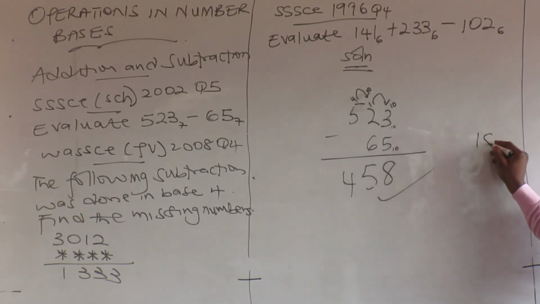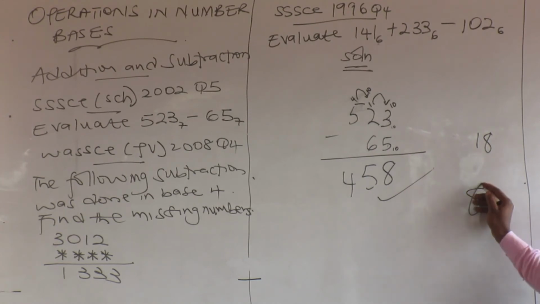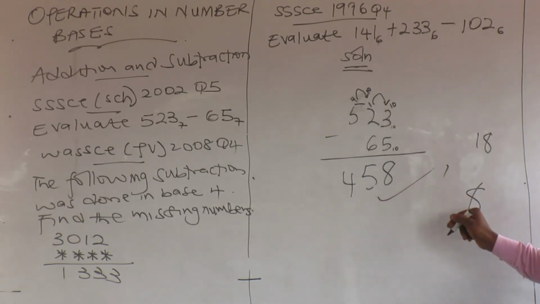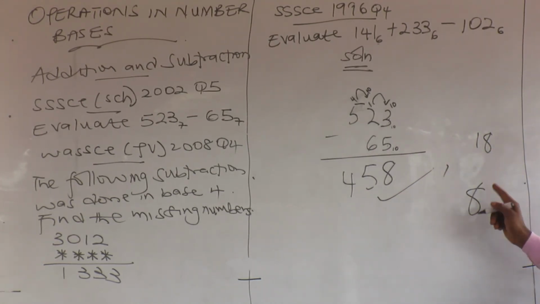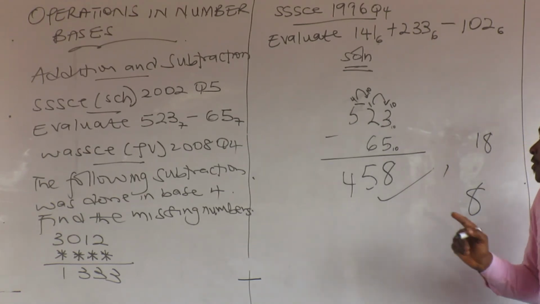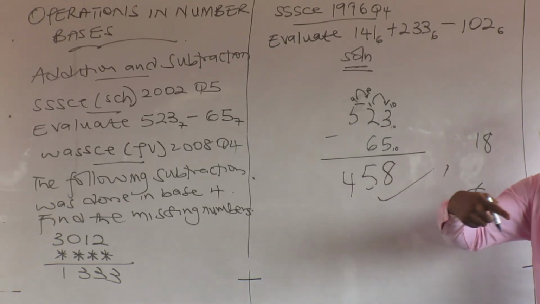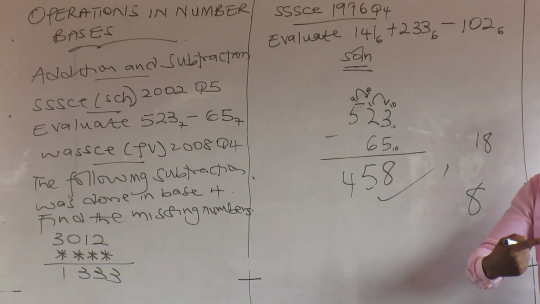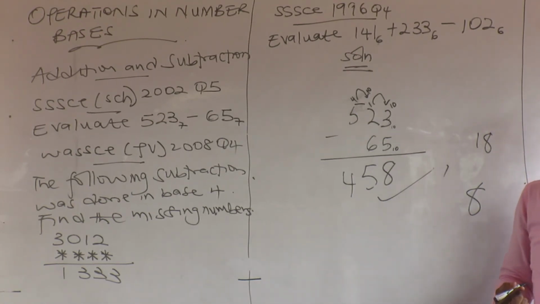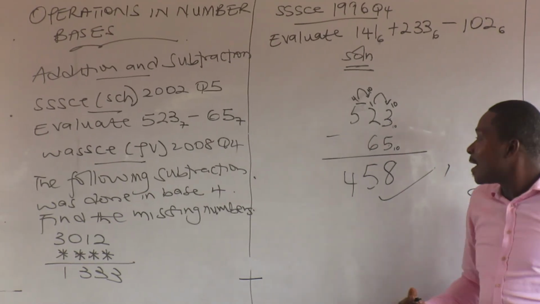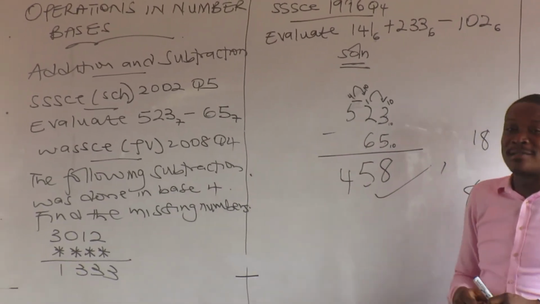Anytime you get 18, you remember what you do? You write 8, carry 1. So you can never write 18. So you were working in base 10. That was the secret. That is why when you borrowed, it was 10. You were not told, maybe they didn't know, or you didn't ask.